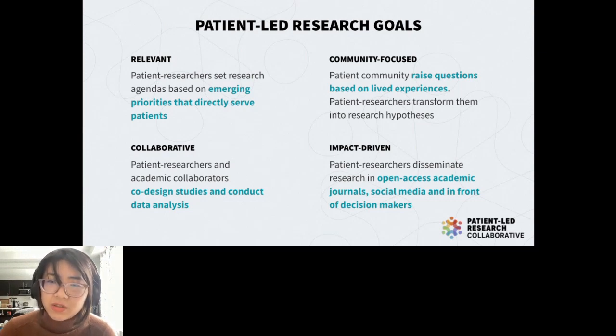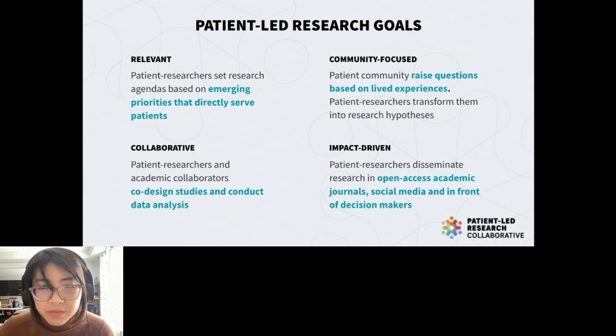Patient researchers transform them into research hypotheses, and I will get into how we do that. Another one of our goals is to be collaborative. Patient researchers and academic collaborators co-design studies and conduct data analysis. This ties back to not pigeonholing ourselves into only contributing at any given time or place.